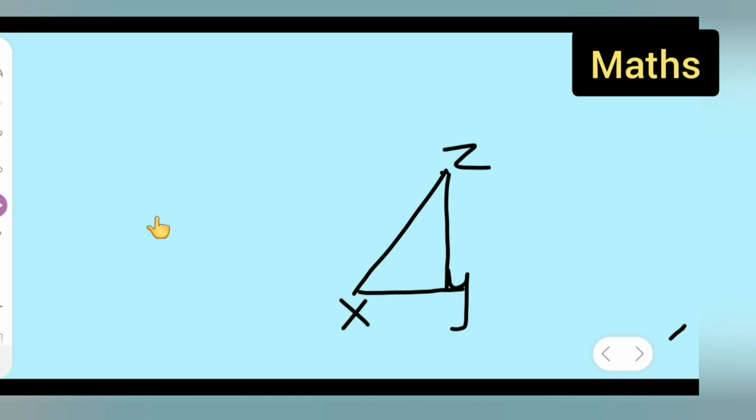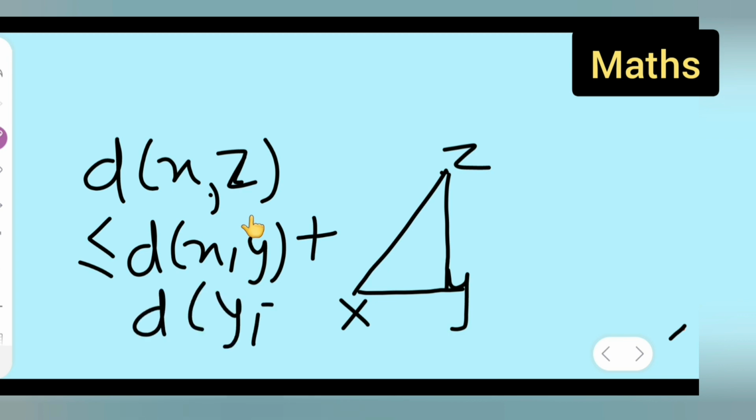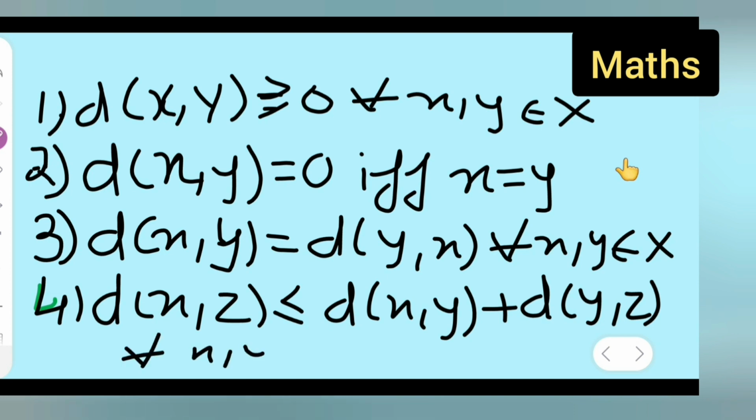So what I am saying is the distance between x and z is less than or equal to the distance between x, y and y, z. So write down d of x comma z is less than or equal to d of x comma y plus d of y comma z for all x, y, z belonging to X.